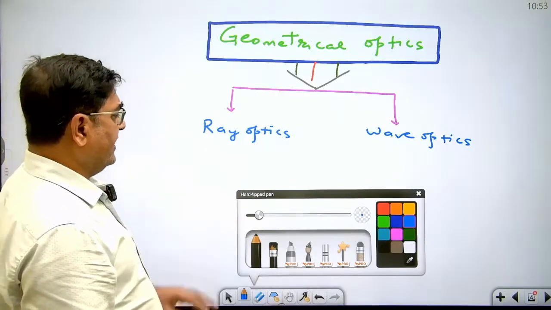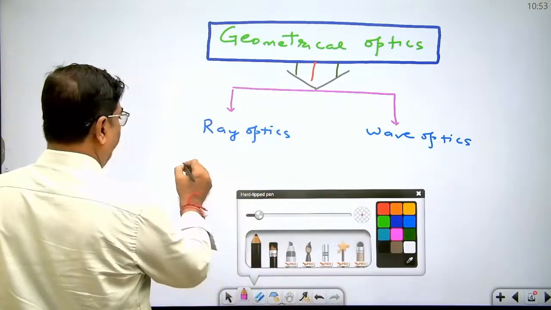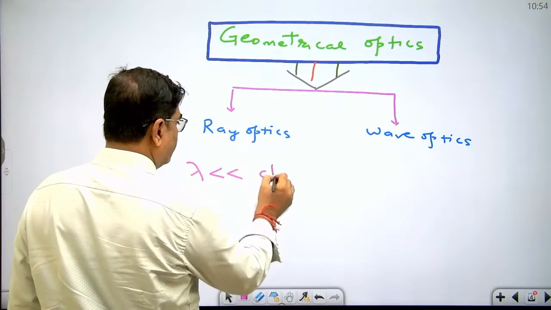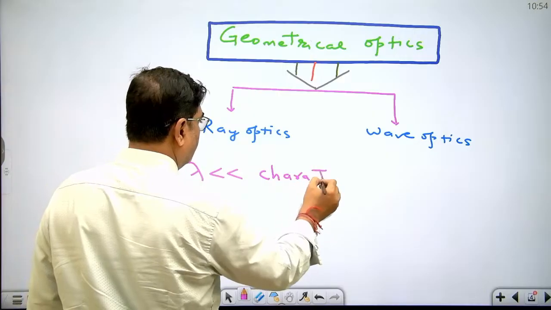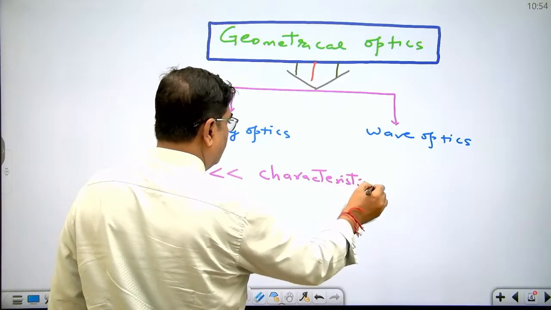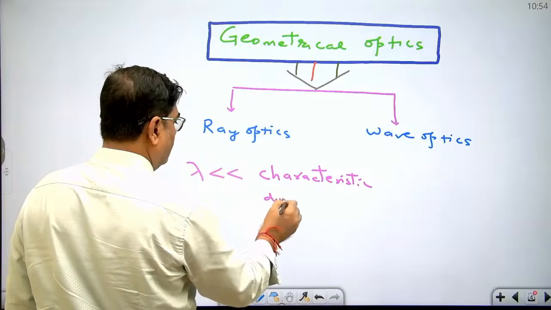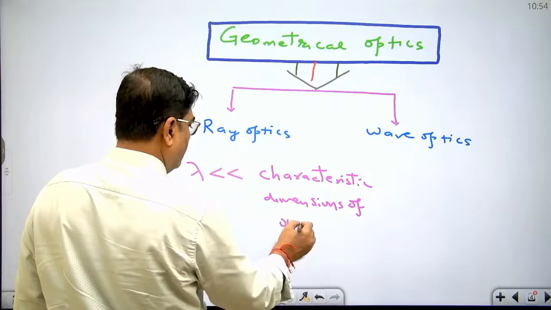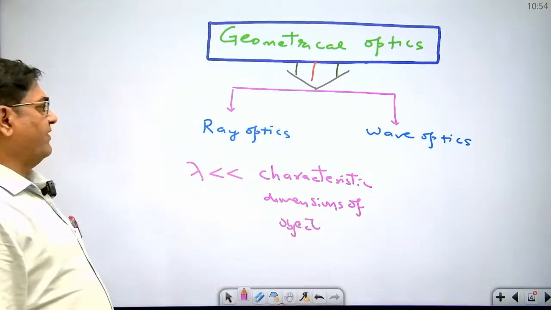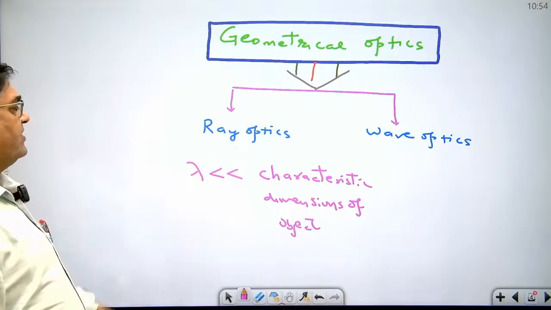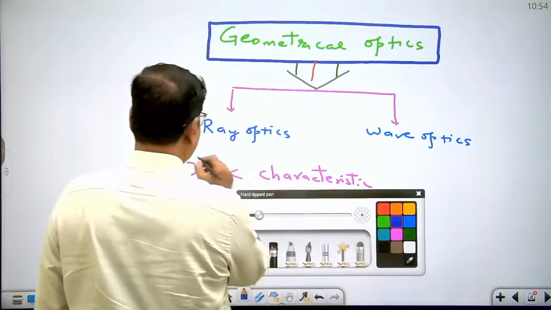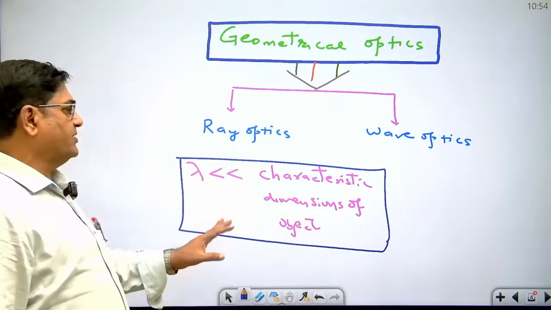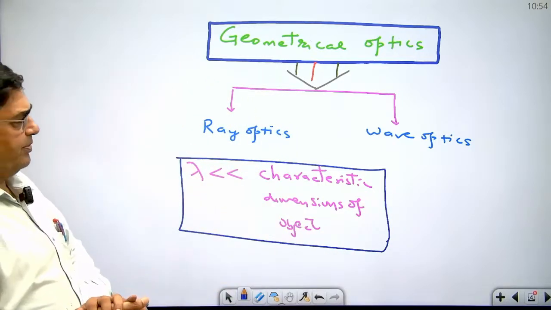The light behaves as a ray when wavelength of light is negligible in comparison to characteristic dimension of object. When wavelength of light is negligible in comparison to characteristic dimension of object, then light behaves as a ray and we study ray optics. Okay.